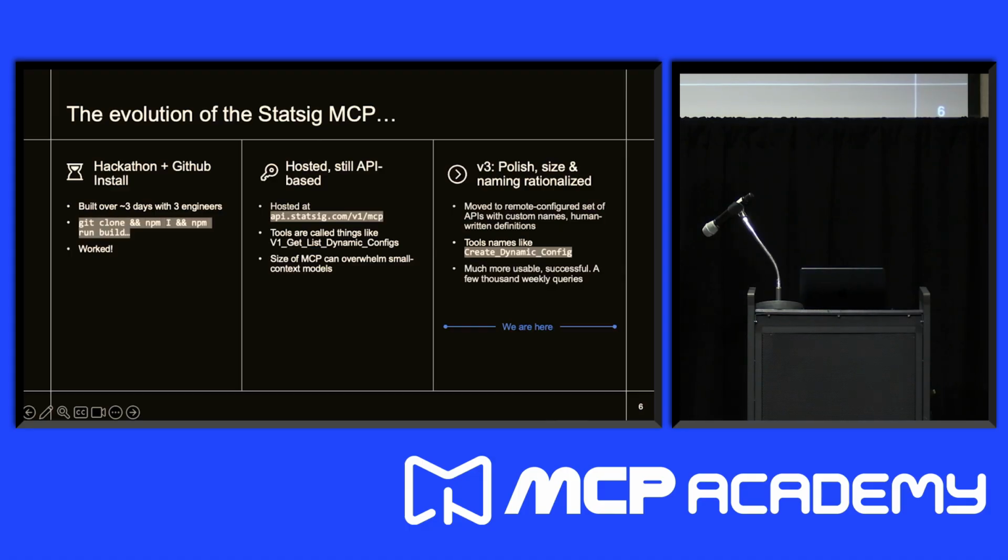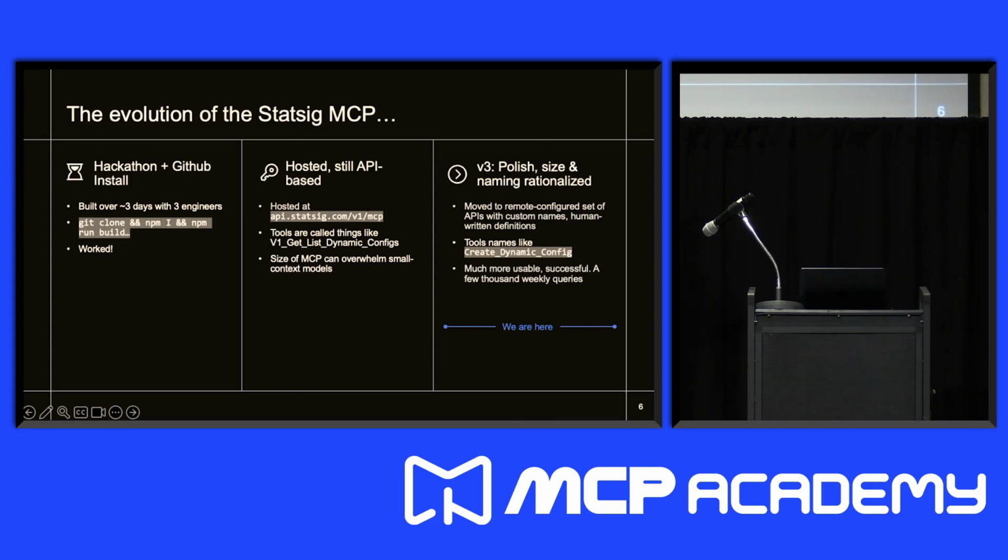It was super ugly. I don't think I would have encouraged our customers to use it, because it was in its own GitHub project and it was git clone, install, build, and then copy a big JSON, whatever. But it worked. It also built up excitement internally about what MCP can do at Statsig, which I think was a victory. So I'd still encourage folks to start here.